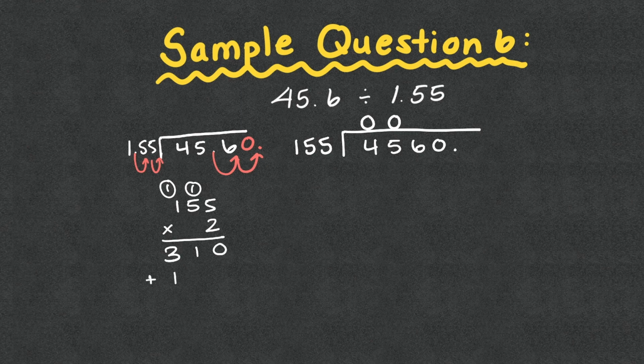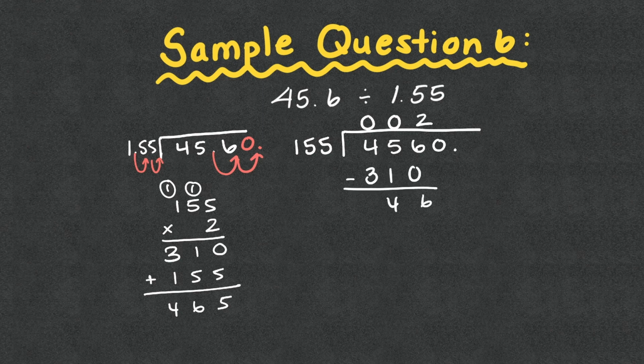But if I added another 155 for 3, that'd be 465. And that's too big. So I'm going to add in a 2. That gives us 310. I subtract 6, 4, 1. Then I bring down my 0.